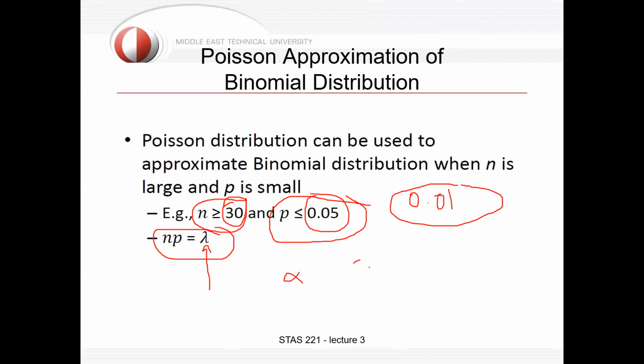Alpha or lambda, it doesn't matter. You can approximate it by the multiplication of n and p, and easily calculate the parameter of the Poisson distribution. With this we also need practice, and we will deal with it in the third tutorial.